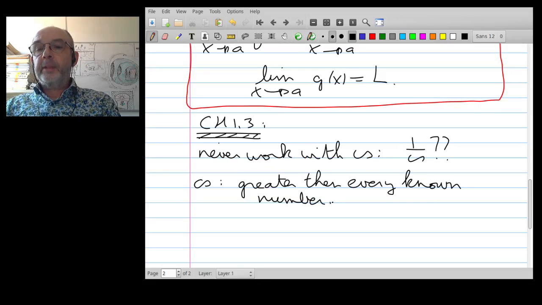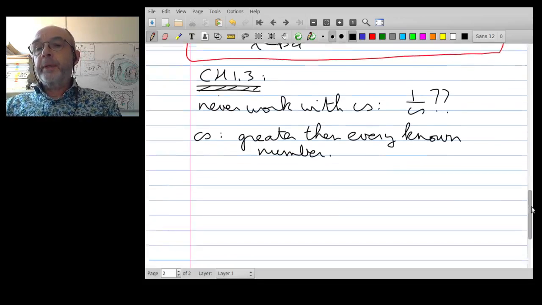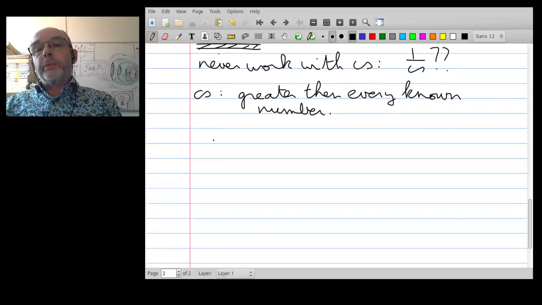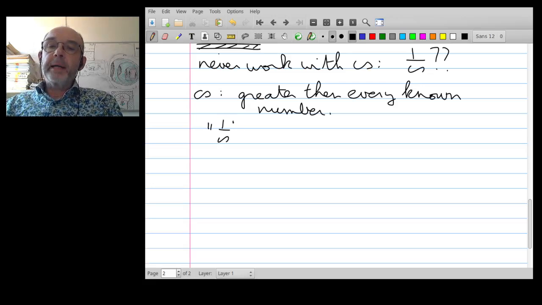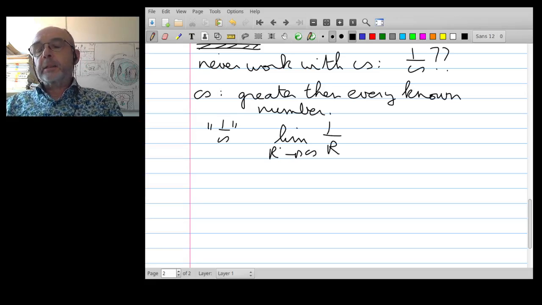That is infinity. That's such a definition of infinity. And so, what is 1 divided by infinity? It is meant in some sense the following: that you take the limit as r goes to infinity of 1 divided by r.